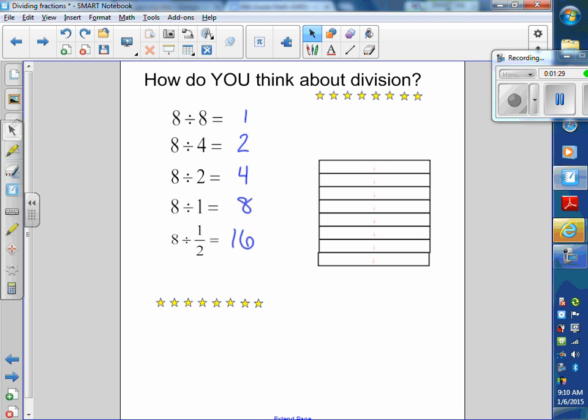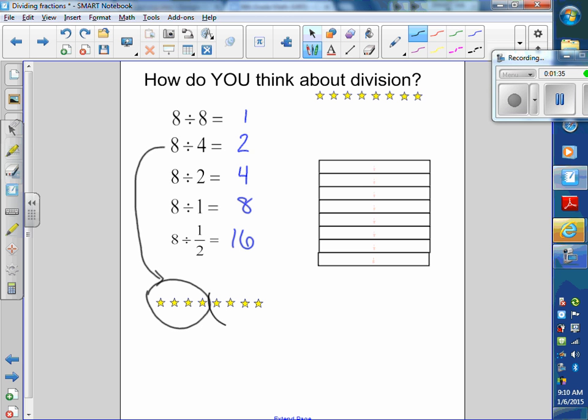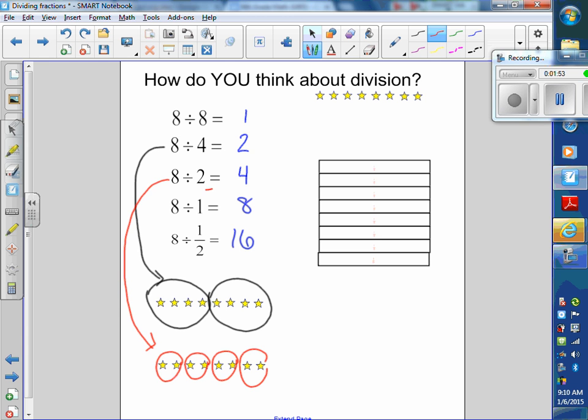If I wanted to do 8 divided by 4, then I'd say how many groups of 4 are in 8? 2, right? Okay. If I wanted to do 8 divided by 2, I'd say how many groups of 2 are in 8? So I'm saying how many 2s are in 8?